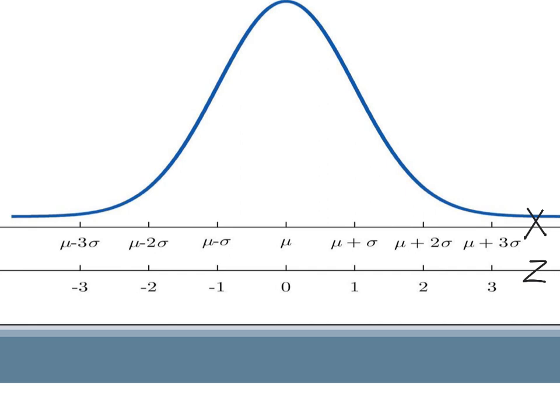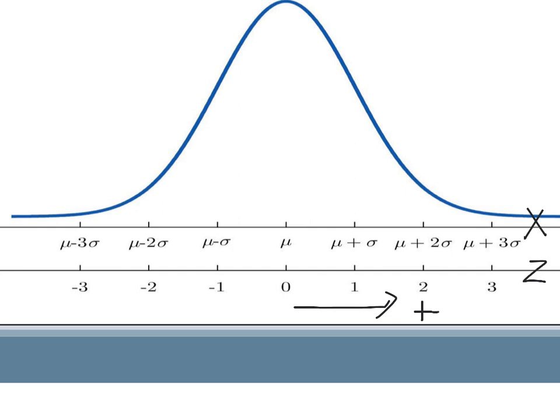Down there, when I'm at the mean, I have a z of 0. When I add one standard deviation, I'm one standard deviation above the mean, so I have a z of 1. If you're going to the right here, your z will be positive.